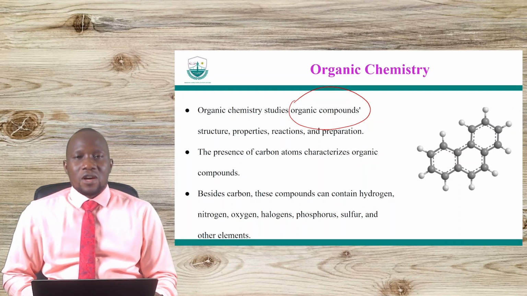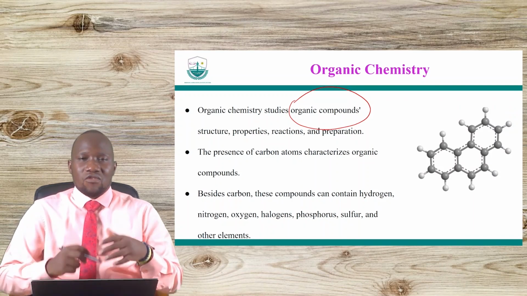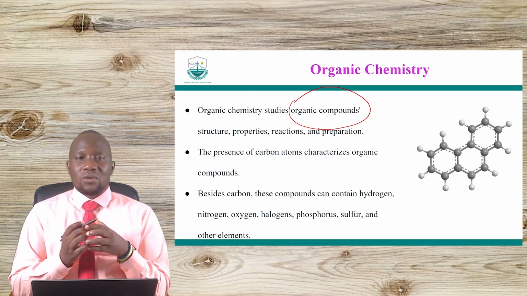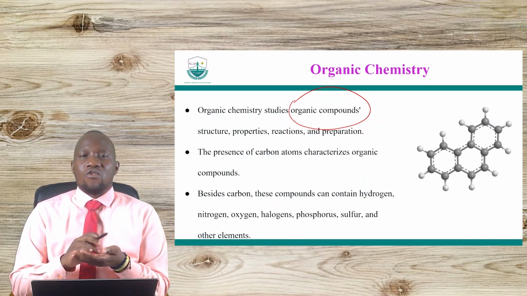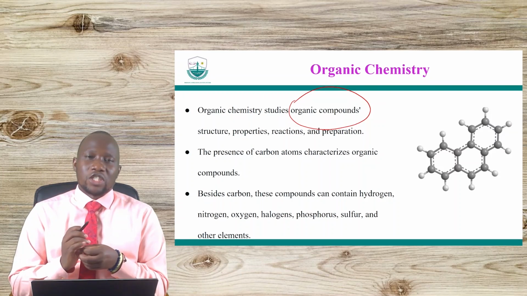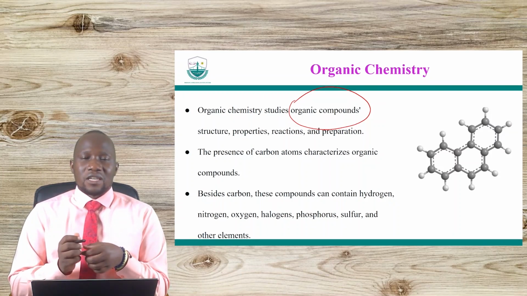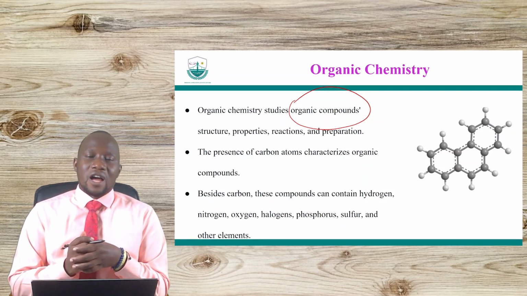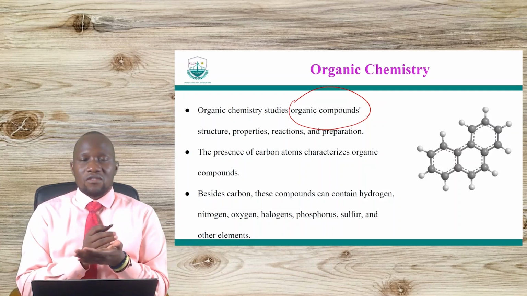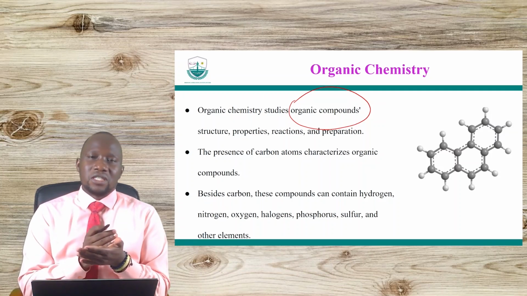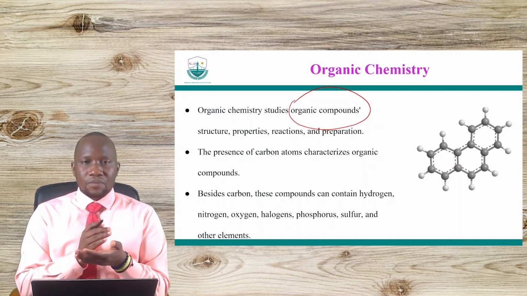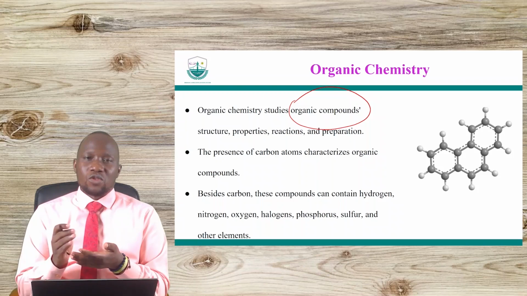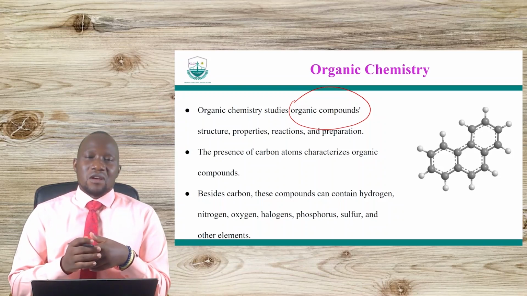Basically carbon is like the founding atom for formation of these usually long chains of what we term as hydrocarbons. You have a chain of carbon and hydrogen. These actually form what you call the organic compounds.